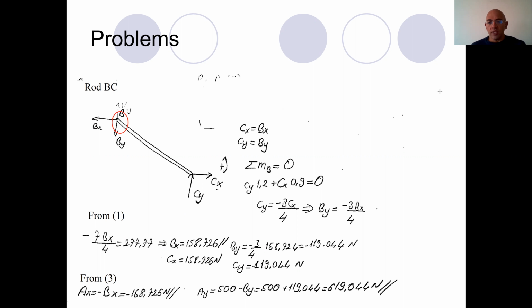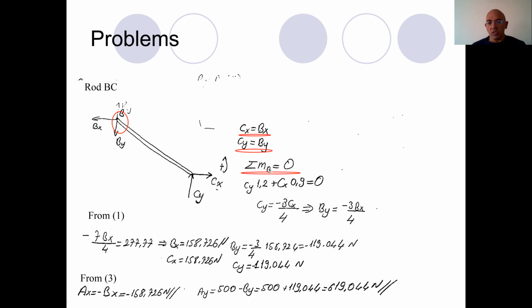Now from the force equilibrium in x direction, we can easily say that Cx is equal to Bx and Cy is equal to By, from sum of the forces. Now second thing is the moment equilibrium. We can write the moment with respect to point B. We can choose any point, in fact.